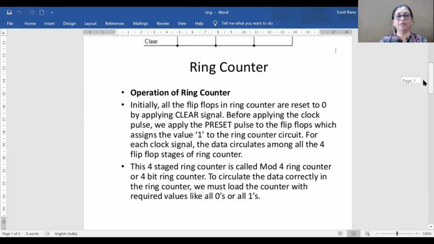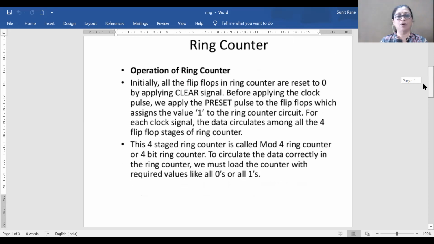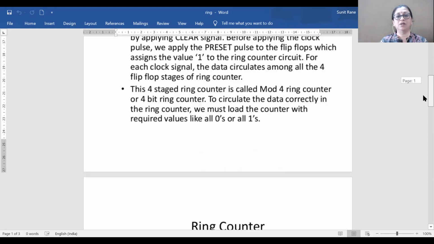And what will happen? The data will circulate among all the 4 flip-flop stages of the ring counter. Okay, so this 4-stage ring counter is called a mod 4 ring counter or 4-bit ring counter. To circulate the data correctly in the ring counter, we must load the counter with required values like all zeros or all ones. Okay, so that is what should be done.